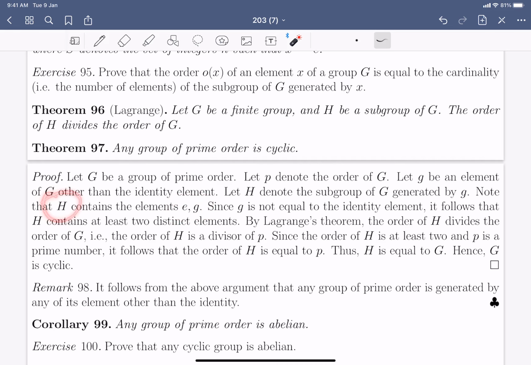So the size of H has to be equal to P by Lagrange's theorem. H being a subset of G with the same cardinality as G, H has to be equal to G. And what was H? H was generated by the element g, so it consists of all the integer powers of g. So it follows that the group G is cyclic.